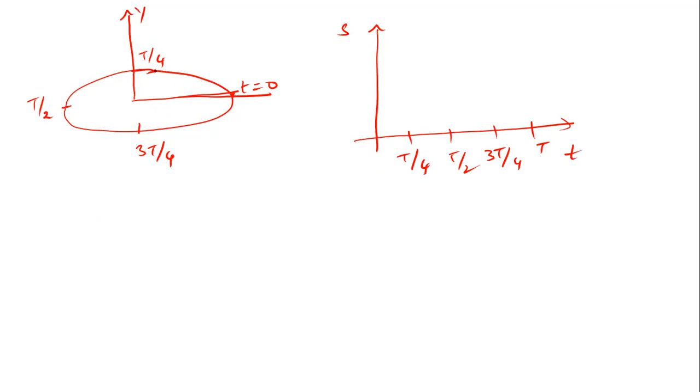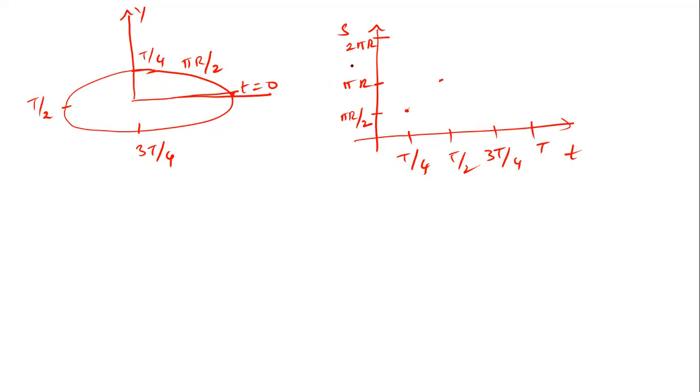Okay, so now at T by 4, what is the distance traveled here? The distance traveled here is pi r by 2. Am I right? Yes, sir. So this is 2 pi r, this is pi r, this is pi r by 2. Then when it reaches here, it is pi r. So I'll get one point here, another point here.